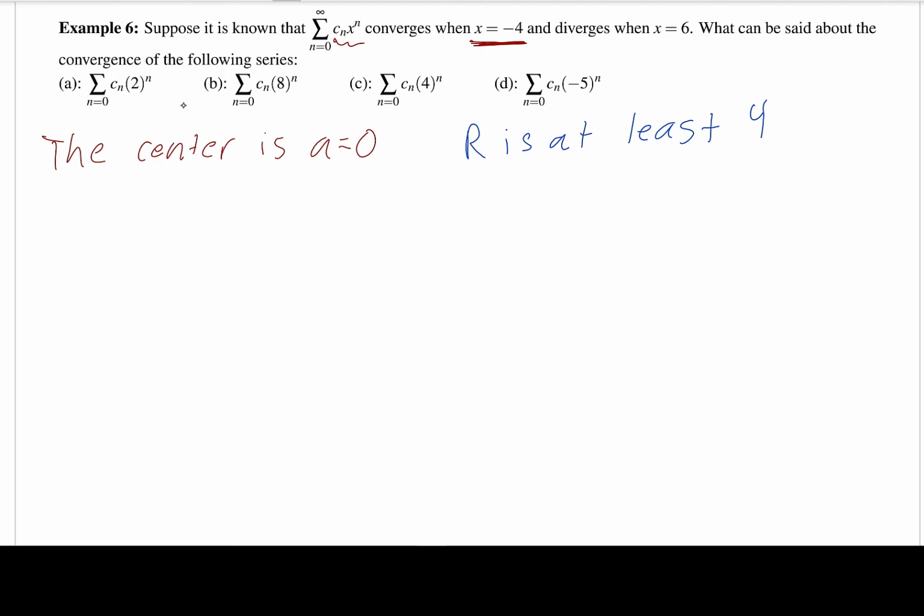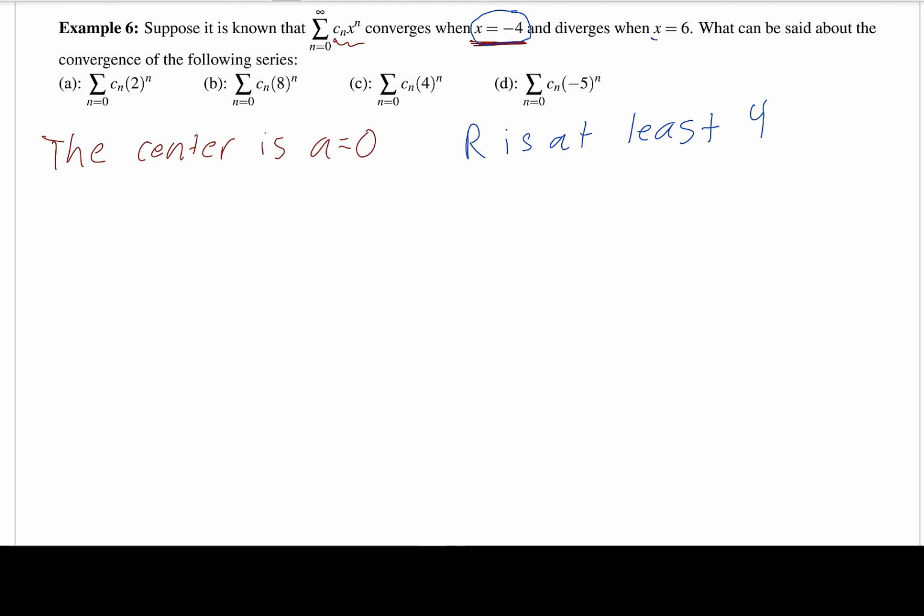I know that r isn't going to be equal to 3, because if r was equal to 3, then our interval of convergence wouldn't include -4 right here, right? But we're told it converges there. So what I can say here is that everything from -4 up until +4 must converge.